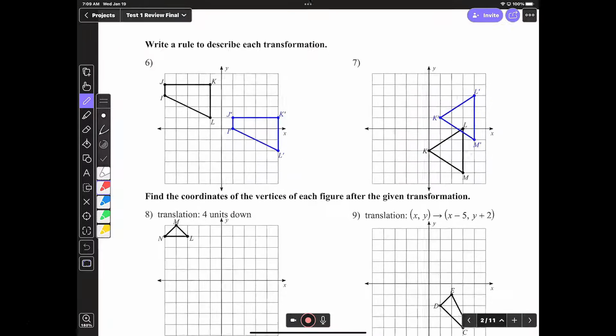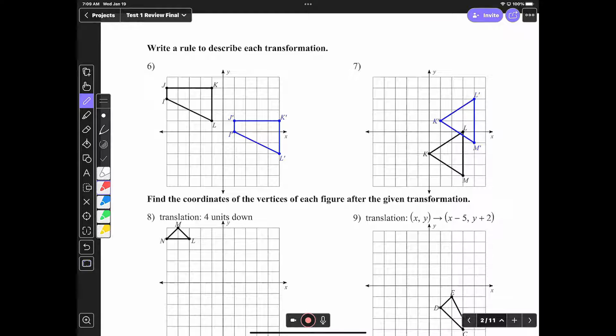Here, we're coming up with the rule. So, for example, how did you get from K to K prime? Remember, this is the pre-image, and this is the image. So you notice it's going to go 1, 2, 3, 4, 5, 6. 6 units to the right. 1, 2, 3, so it's 3 units down.